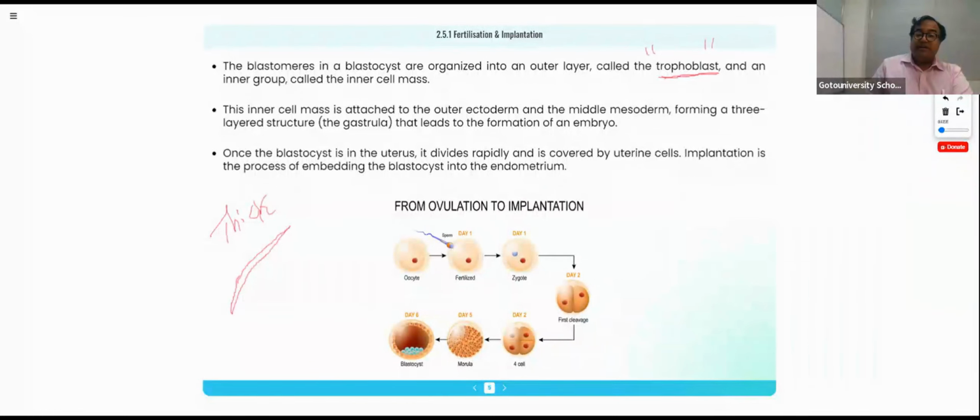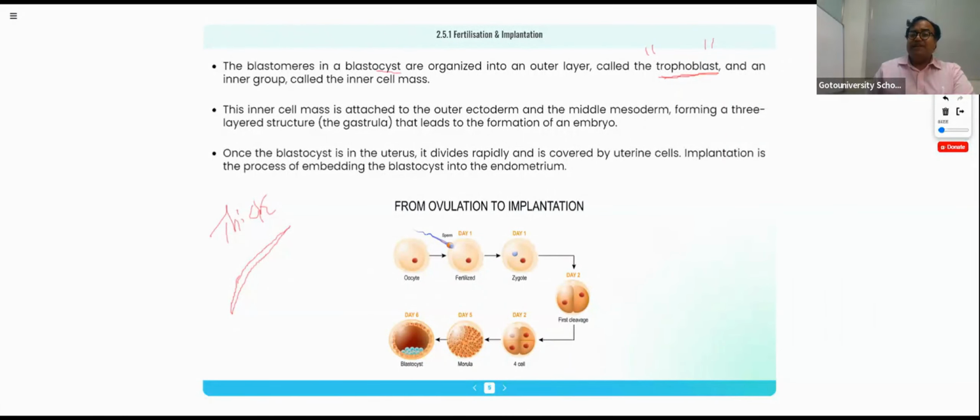Here I already told you the blastocyst is organized into the trophoblast. Either you call the trophoblast made up of blastomeres, or you can say the blastomeres having a thick plasma membrane, which indicates the blastocyst. This blastocyst is giving a thick coat over the zygote, right?